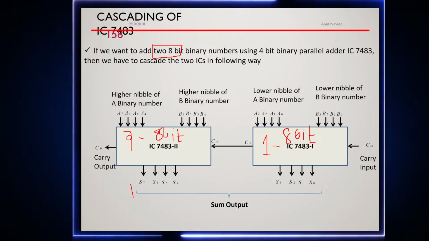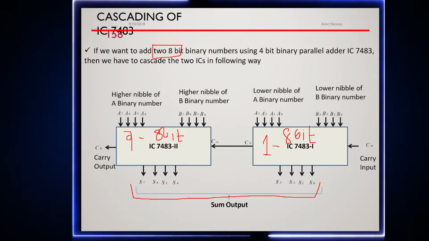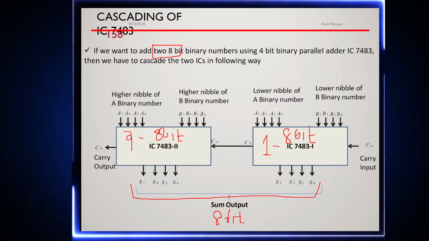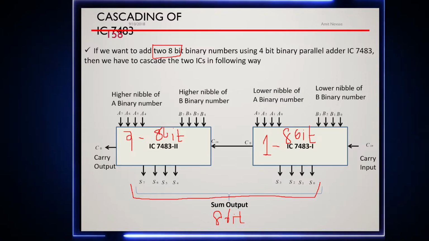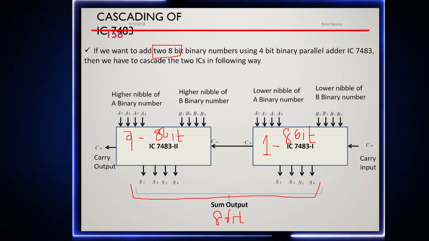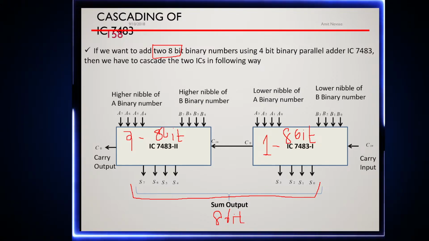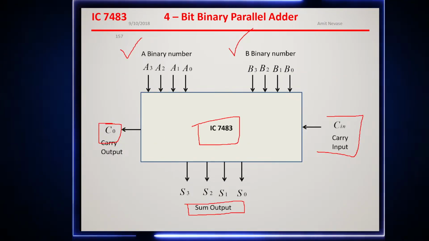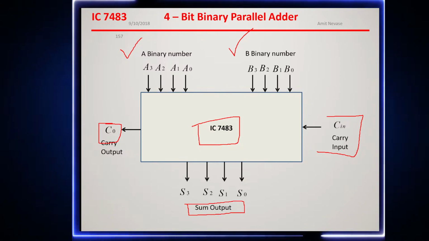And the sum outputs together will give us an 8-bit sum output. So this is nothing but cascading of IC 7483. Till then I will display this diagram. You can pause the video and draw this diagram. I will just erase the ink on this slide.